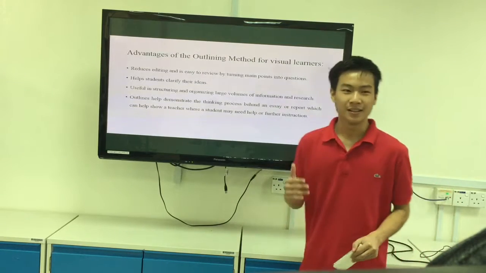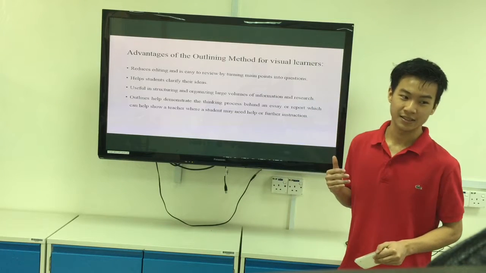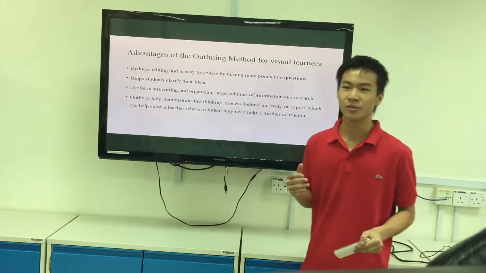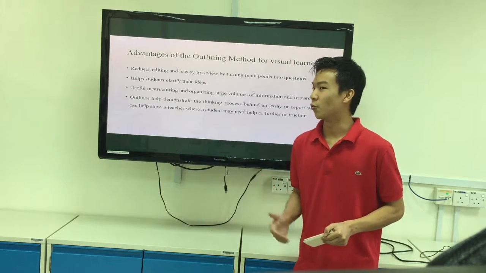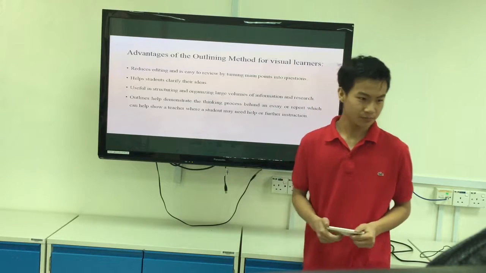Next, we'll see how this method helps students to clarify their ideas. Since it's very concise and straightforward, there's no unnecessary use of words or other information.